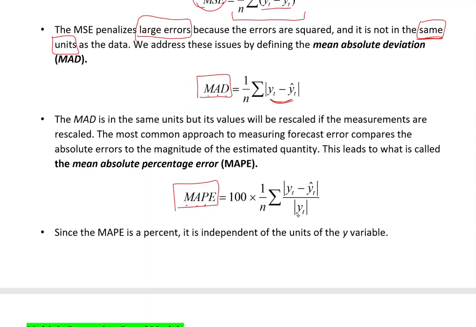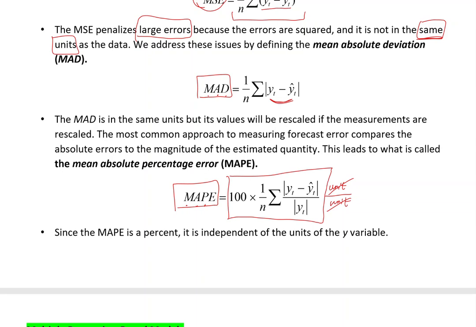So if you divide by yt at the bottom, you have a unit divided by a unit, then these two units will be cancelled, right? And then you do not have anything related with the unit, and also you don't penalize the large errors. So for this case, MAPE normally is the best way to compare the residuals for the prediction or forecasting in time series.